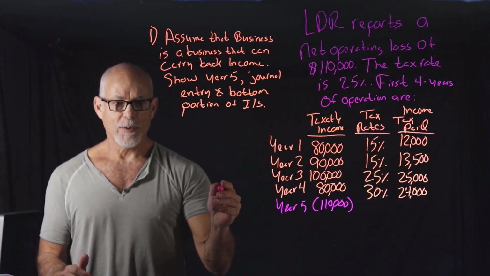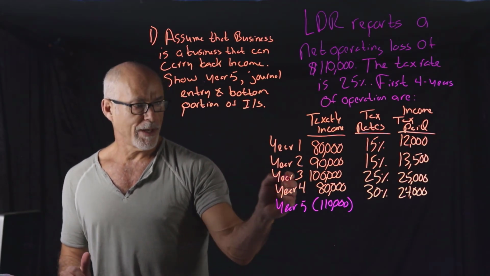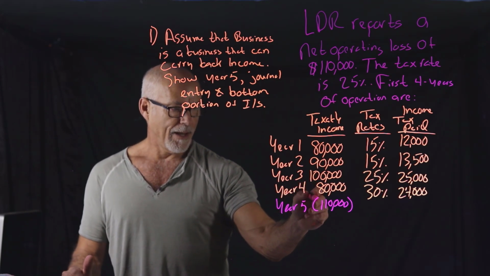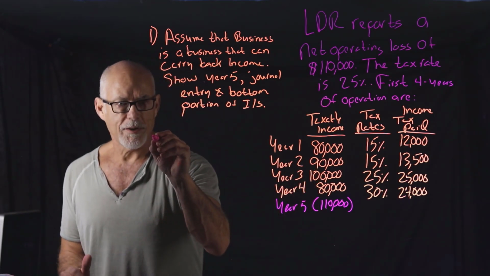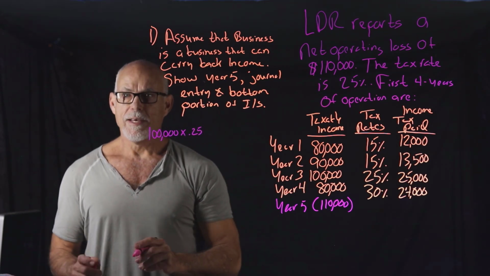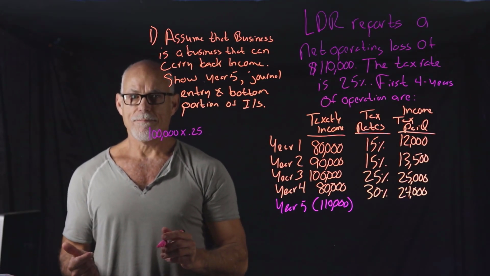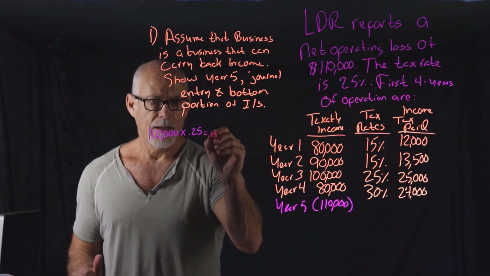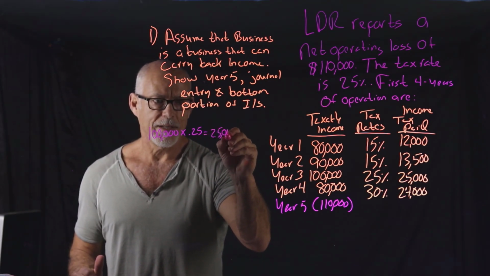And that's what we're going to do, is when we do this journal entry, we're going to go back 2 years, which is the $100,000, and the value of it in terms of the return that I'm going to get is what I paid, and so $25,000 here.